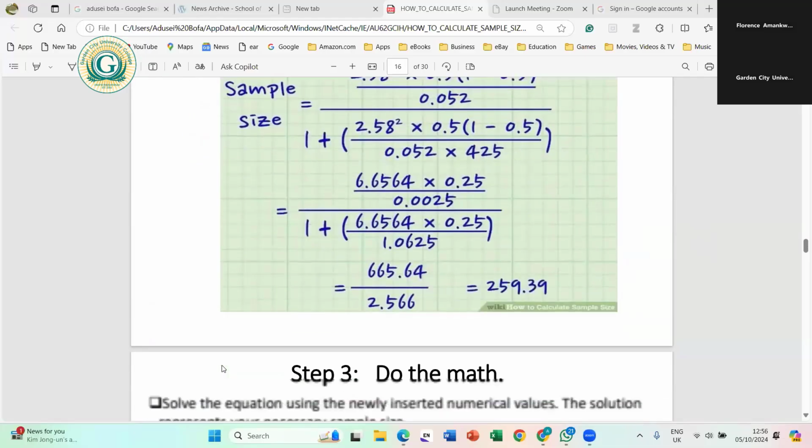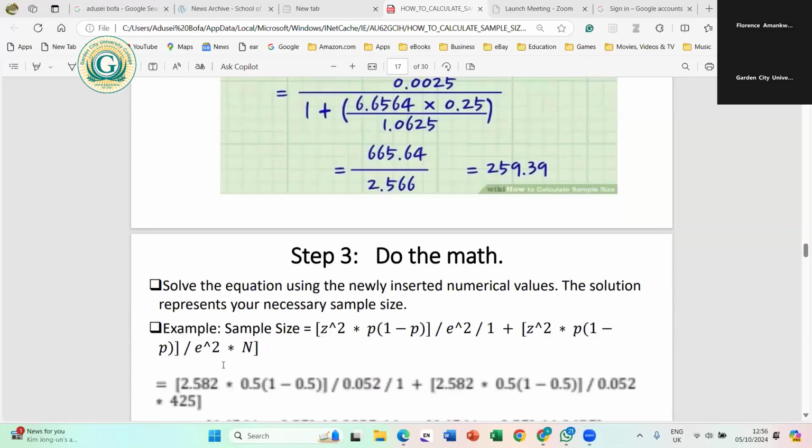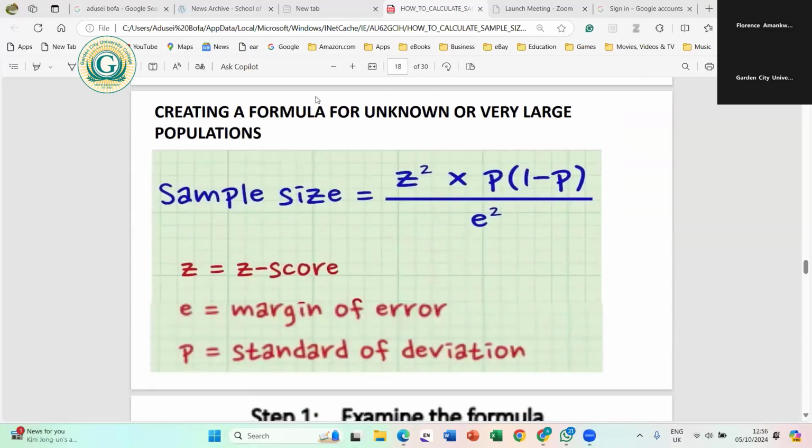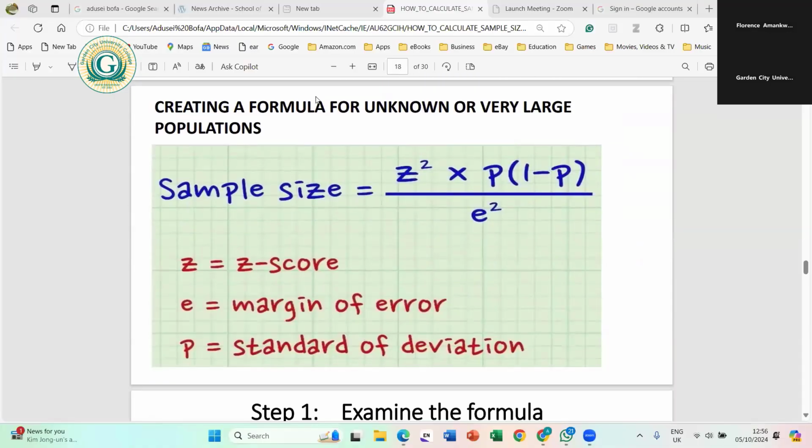Most times, this is what I use, and people use this a lot because with this one, you don't need to know your population size. In most cases, we use this for a population which is very large, or probably we don't even know the population size.